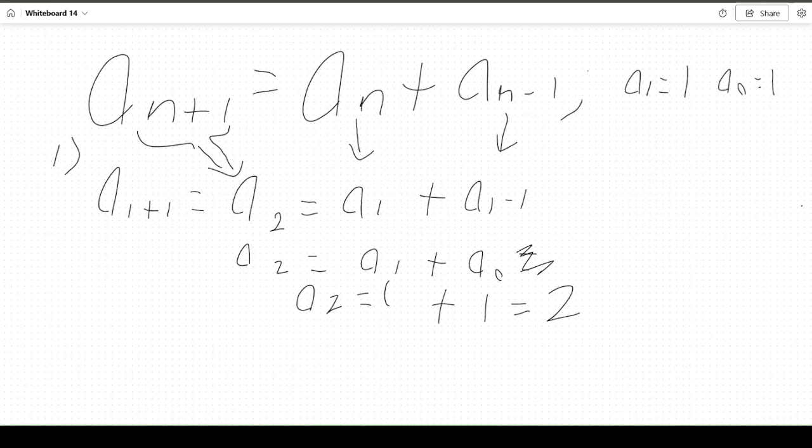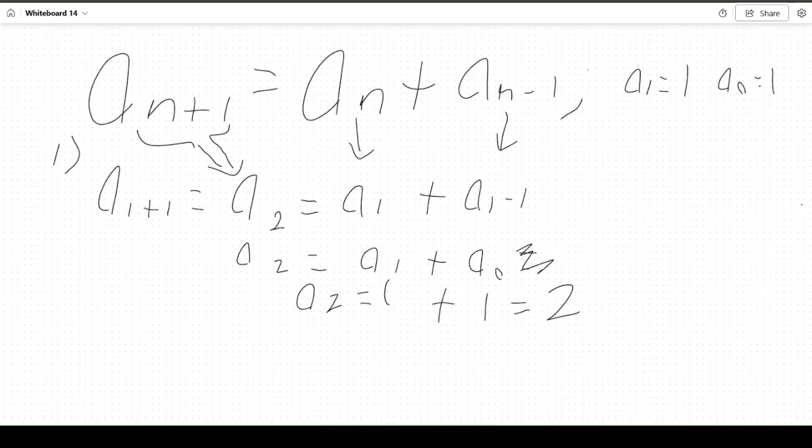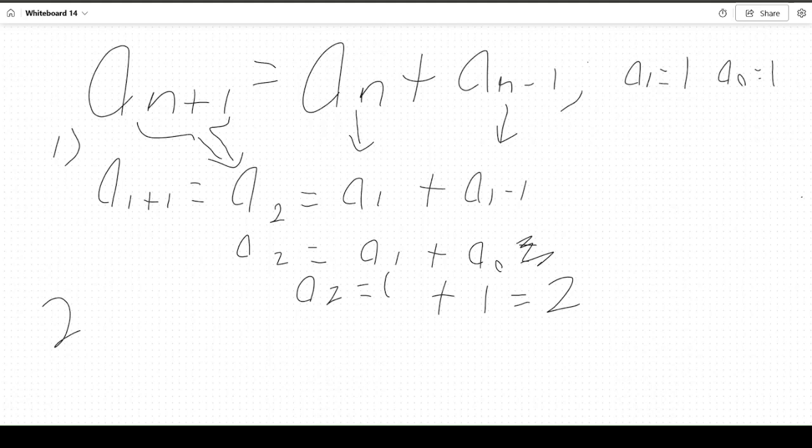And we're going to find the first 3 terms again. So let's put in a2, because we already found it out. And we don't forget the plus 1.